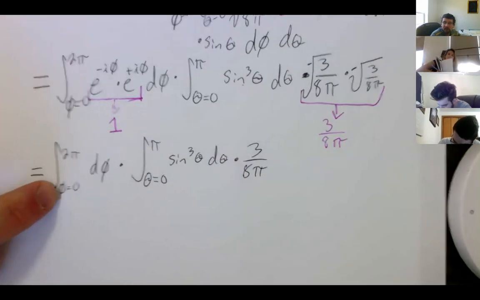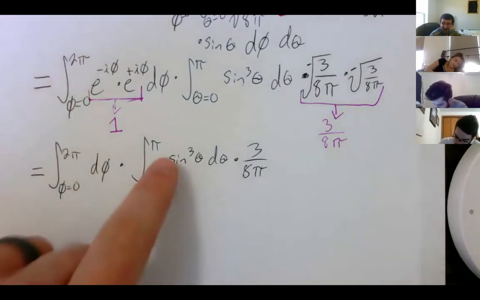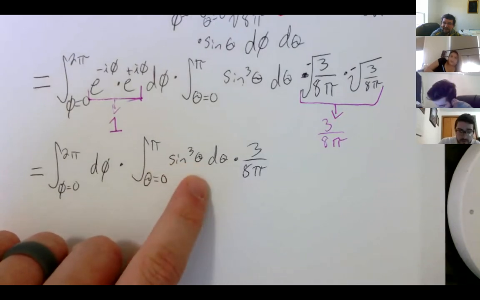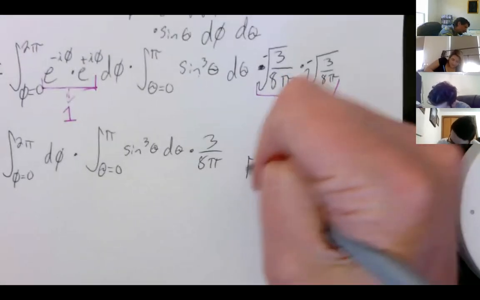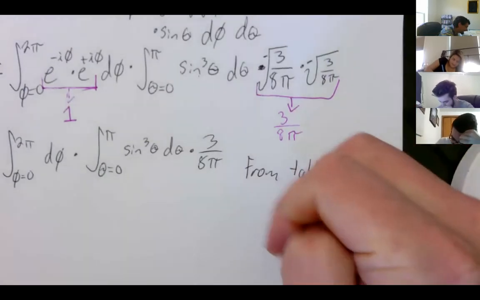This integral, like you said, is pretty easy. What's the result going to be? 2 pi. This one, anyone know how to integrate this? It's on the equation sheet.